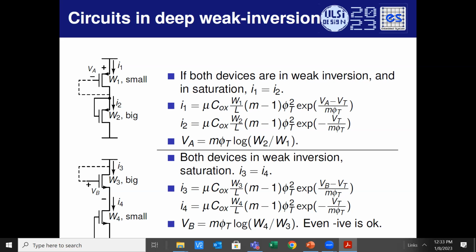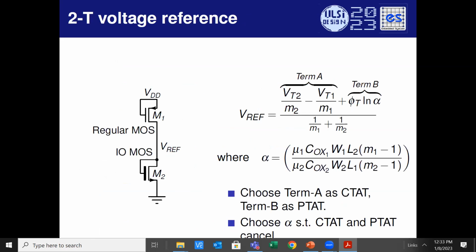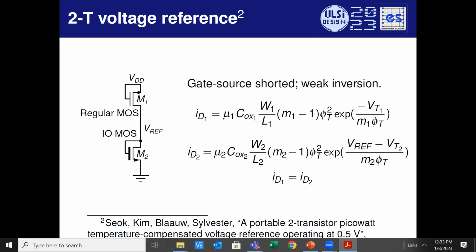But I guess in a different form of circuits, I've seen that the GM is constant, irrespective of the size for weak inversion circuits. No. You have your weak inversion equation, which has W. This is your equation, weak inversion. W is there. Size matters, right?